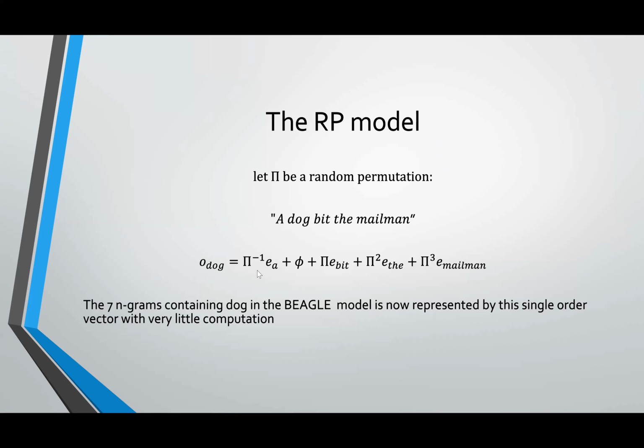Each word in a sentence affects the meaning of the words around it. To keep track of this, RPM applies a specific permutation for each position relative to the word. For example, the word before might be shuffled in one way, and the word after in another way, and so on.